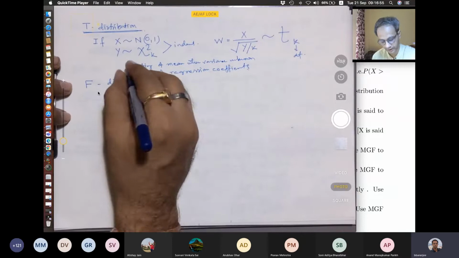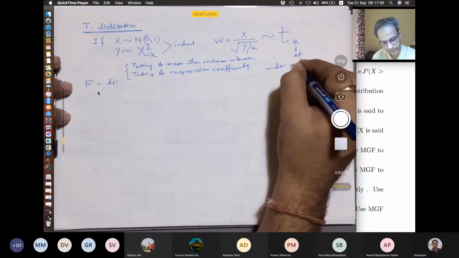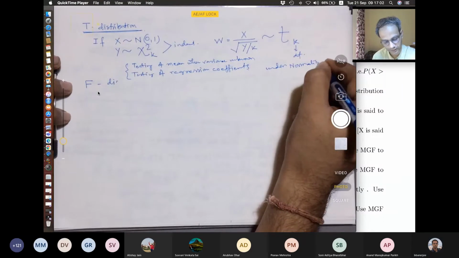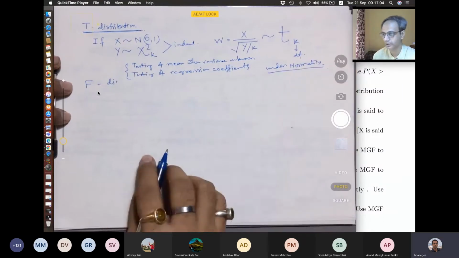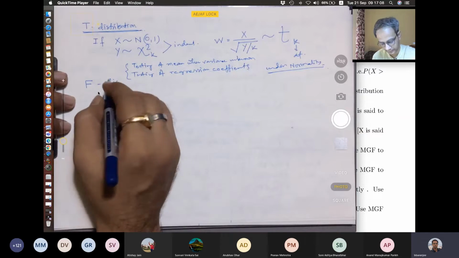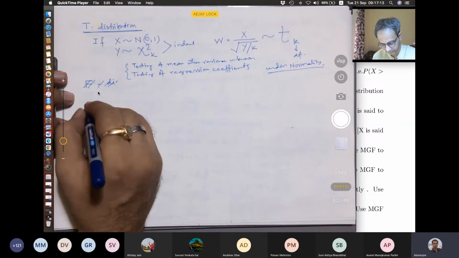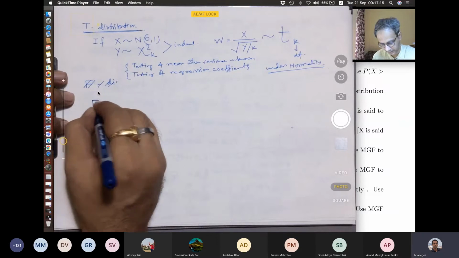All those things can be done under normality. Even the correlation coefficient can be checked. That thing we will come to. So this is a huge application, with no other alternative.